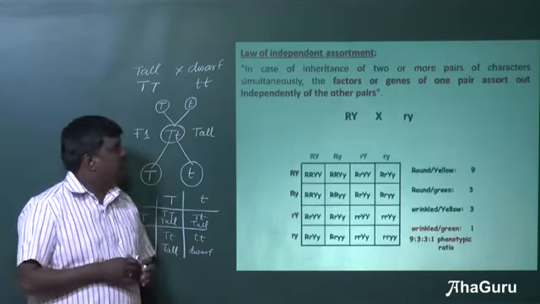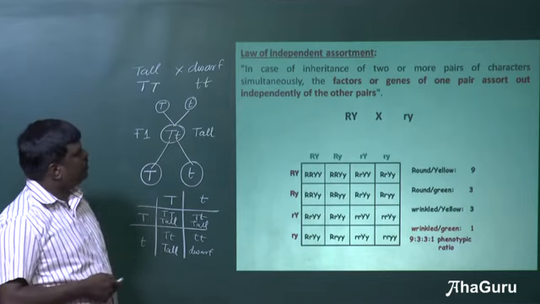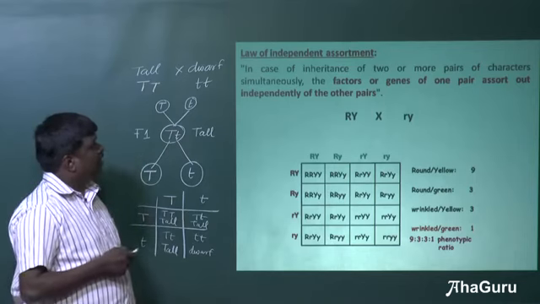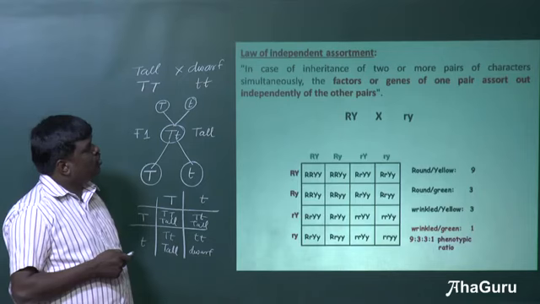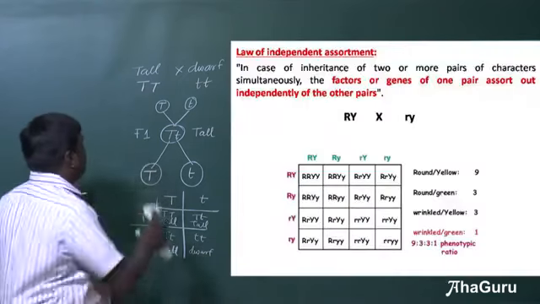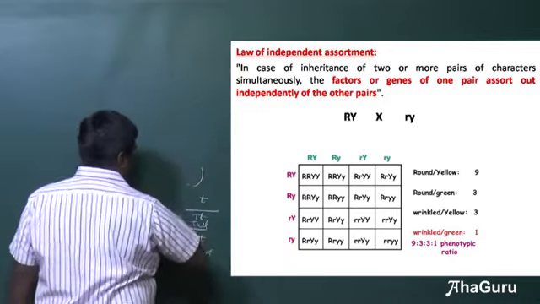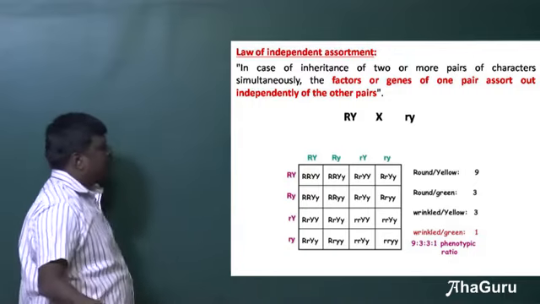The next law is the law of independent assortment. This particular law applies when two or more pairs of contrasting characters are there. So, this law is applicable to the dihybrid cross made by Mendel.